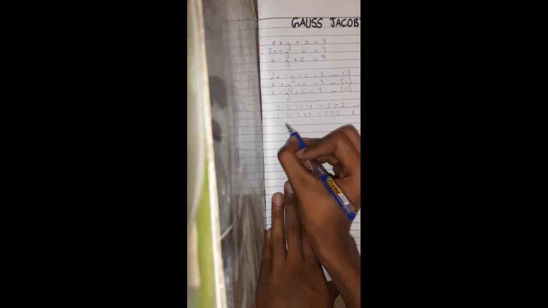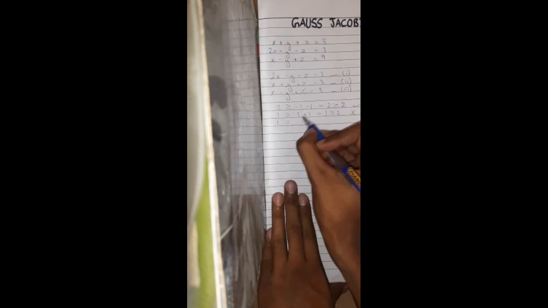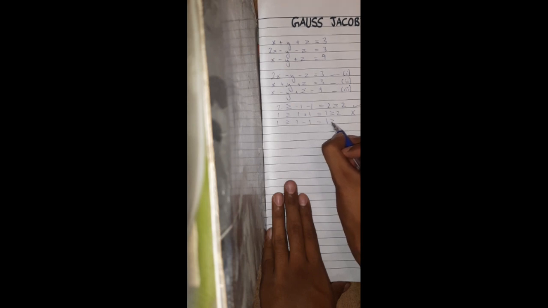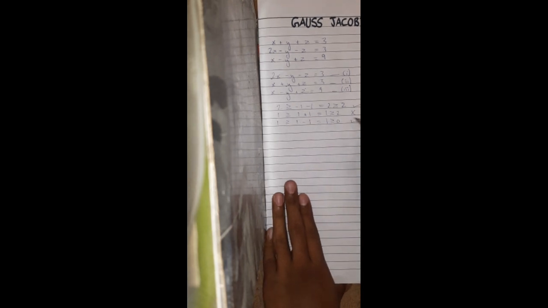So 1 is greater or equal to |1| + |-1|, that is, 1 is greater or equal to 0. This is true, but we can see that we don't have diagonally dominant equations because equation number 2 is not dominant.